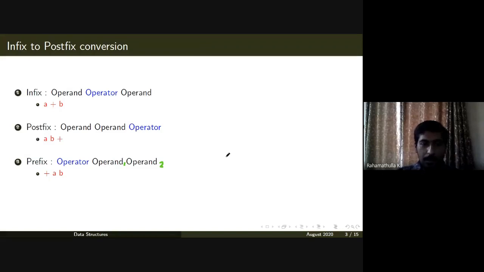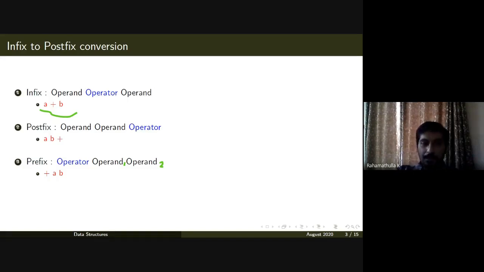So now we can think, if we have a nice way of writing an expression like a plus b, then why do we require postfix ab plus and prefix plus ab? For a human being, this sort of expression is very legible, and you can understand things very easily.